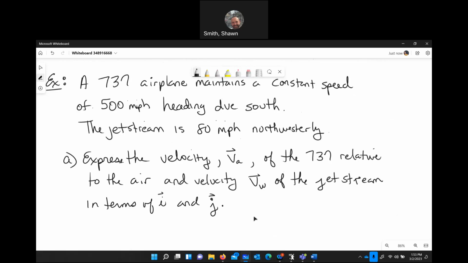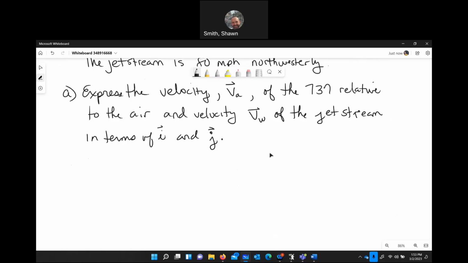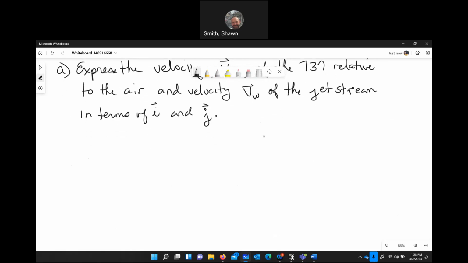All right, so 500 miles an hour heading due south. Jet stream is 80 miles per hour northwesterly. So let's draw a little picture of this. Easiest way is to put it in the XY coordinate system. All right, due south. Starting from here, straight down, right?